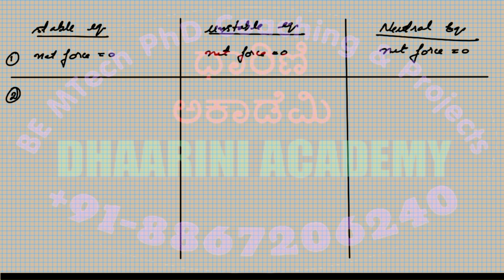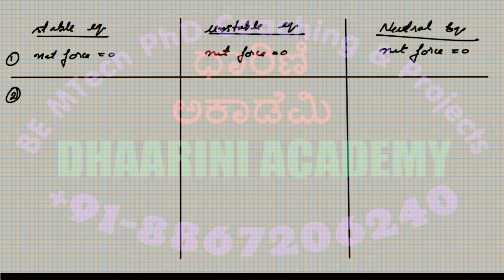Here, if the system is in stable equilibrium, definitely it also has to satisfy another condition, the condition we saw earlier, that du by dr has to be 0, which means the slope of the U-r graph is 0.